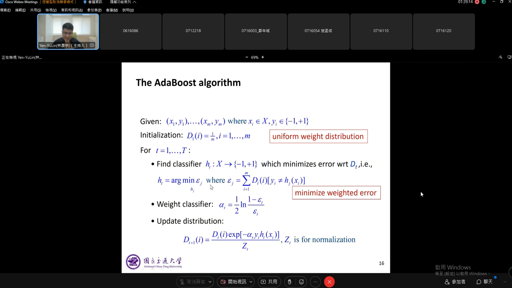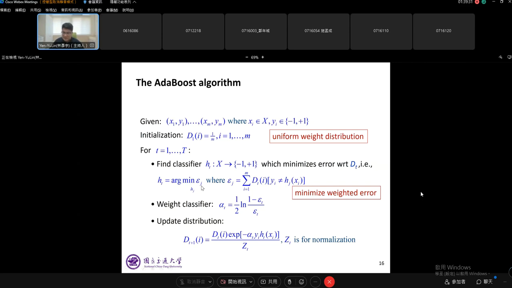Also, I want to emphasize that each epsilon j or epsilon t is always less than 0.5. It's always less than 0.5. Let's talk about the reason.